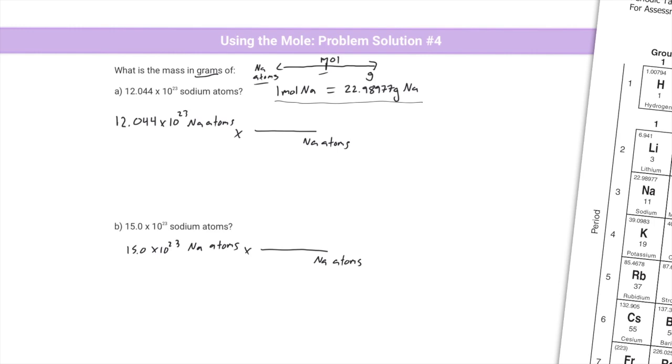So I'm going to move this over and write in the conversion factor that is missing, that bridges the gap I need to be successful. And that is that 6.022 times 10 to the 23rd atoms of sodium equal 1 mole. Now I can complete my problem.